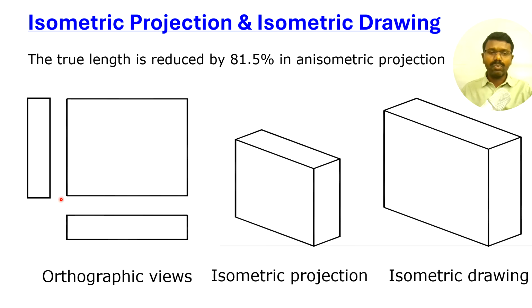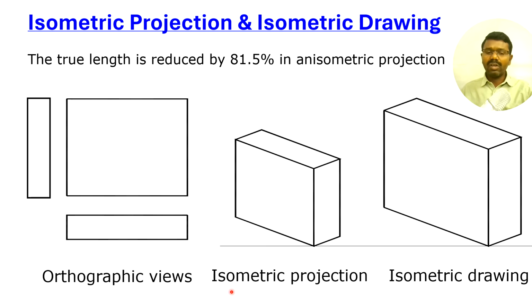We need to combine these three views and draw a single 3D drawing, that is nothing but the isometric drawing. Now let us draw with the true dimensions. From the orthographic views, I take the true dimensions and draw, and I get this diagram.